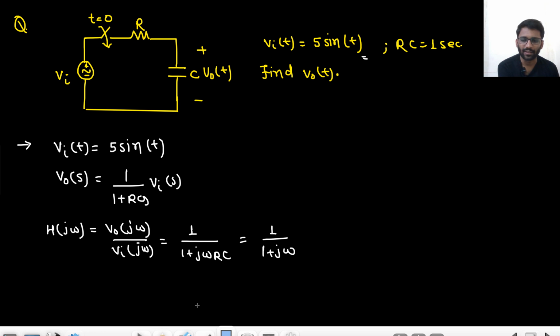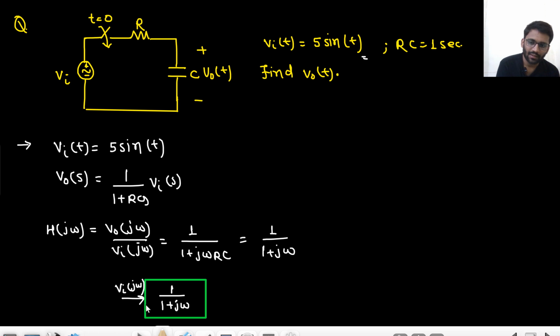So simply what is happening here is that you are applying an input v in j omega into this function, which will be your v naught j omega, right? So how do you write the steady state output? This is in the frequency domain. In time domain, what will happen? What is omega naught?